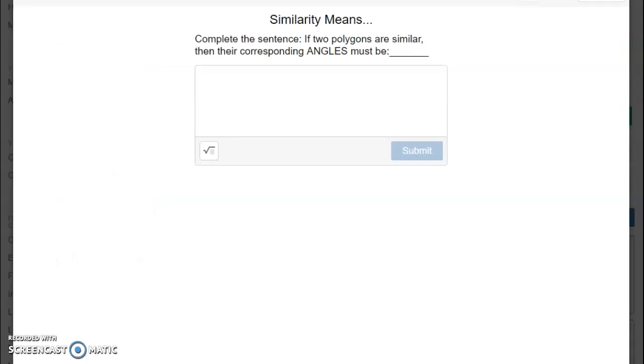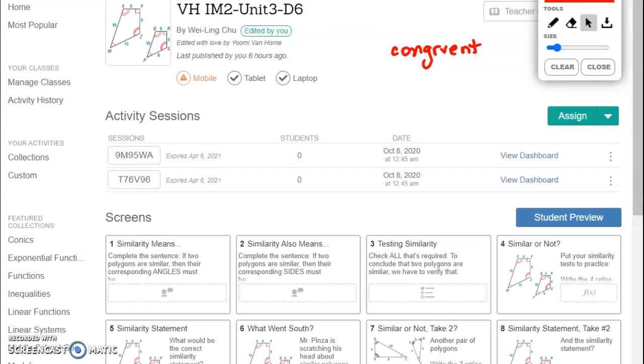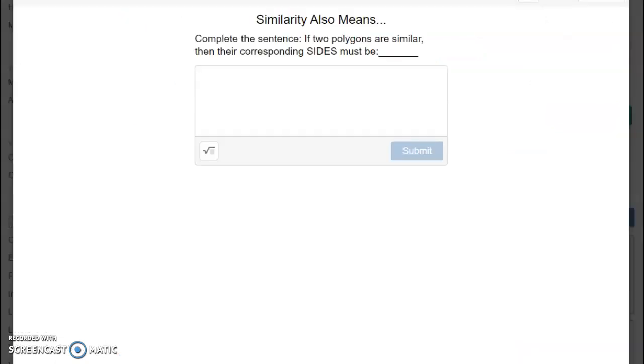Card number 1 says, complete the sentence. If two polygons are similar, then their corresponding angles must be what? Congruent, or same in measure. Or we can say equal, that will be fine too. Complete the sentence.